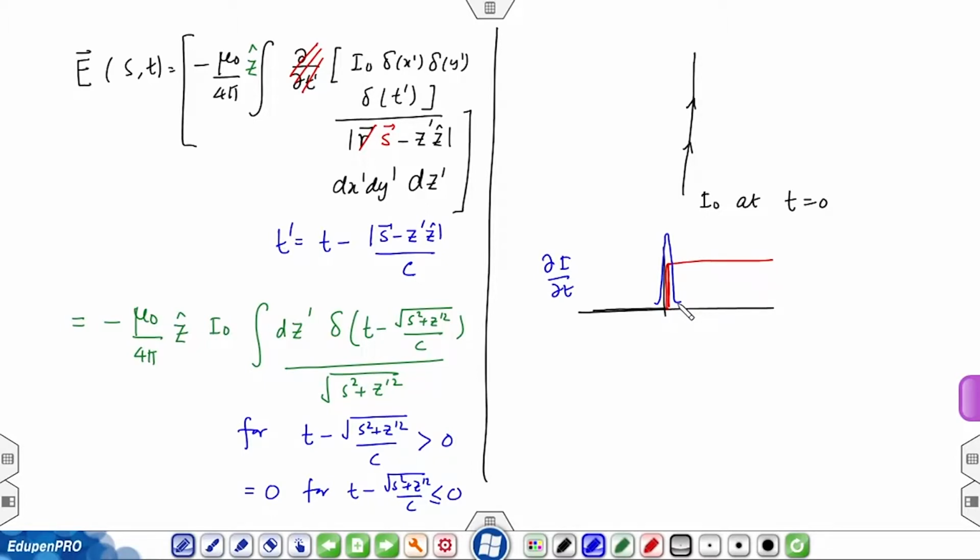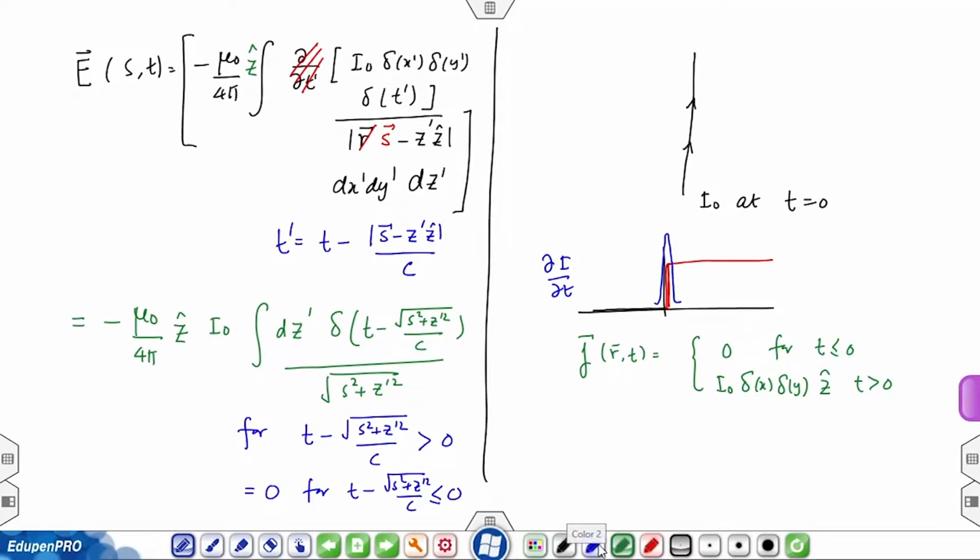Because of that, there is this j of r and t, which is equal to 0 for t less than or equal to 0, and it is I naught delta x delta y in the z direction for t greater than 0. The derivative of j gives you that delta function, and once we put all that in, this is the expression that we get.